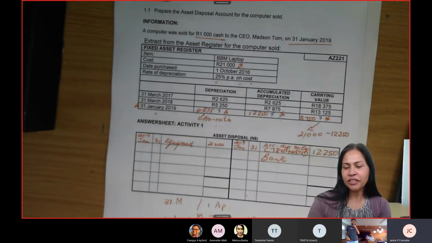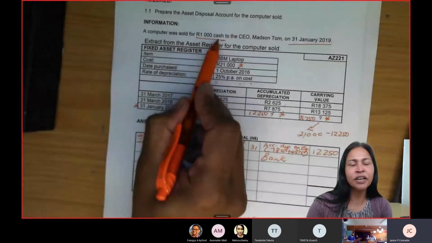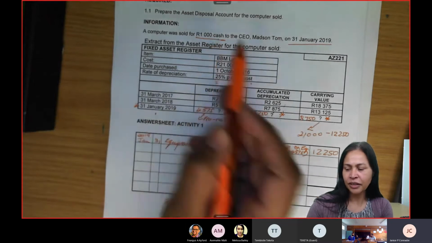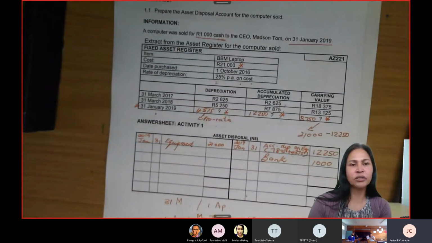Right. So she said, thank you. So you said bank, and the reason for bank, I assume, is because you have identified that it was sold for cash, right? And it was sold for 1,000. So that is it.